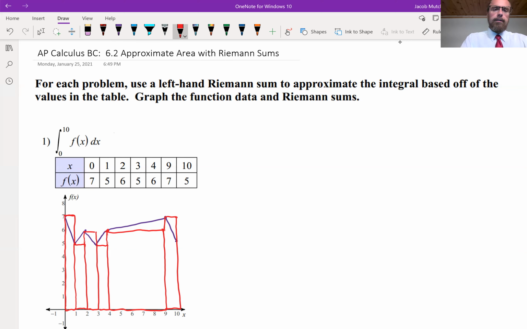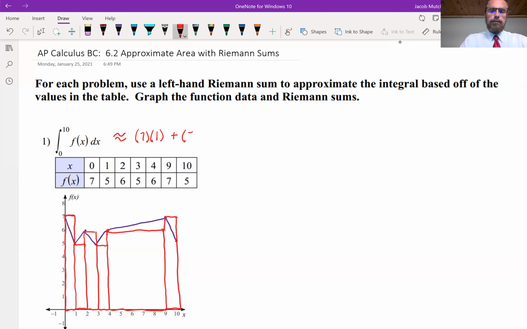So we'll write here that this is approximately equal to the integral from 0 to 10 of f of x dx. And the way we'll calculate this is by area. So height times width. For my first rectangle, it's going to be 7 times 1, plus my second rectangle has a height of 5.